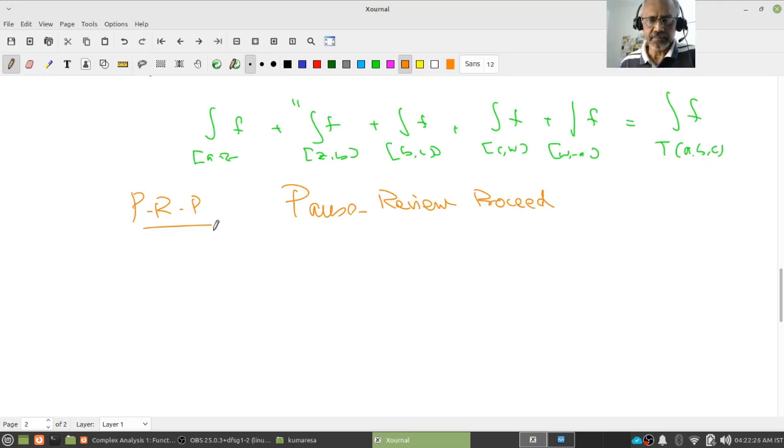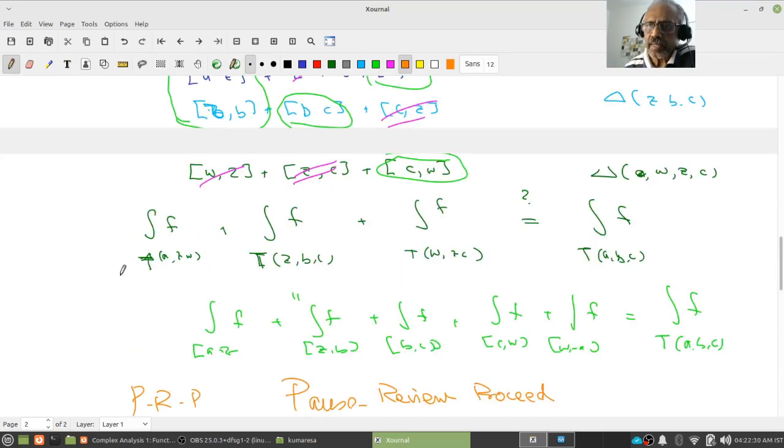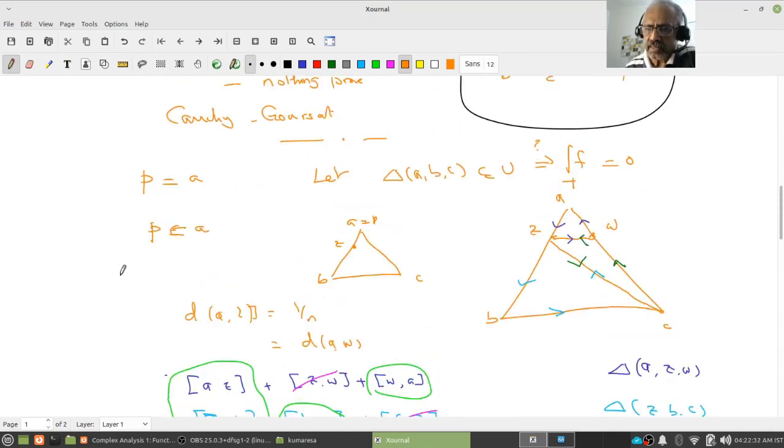Okay, now let's look at these two triangles. I am claiming that the integral of f over the triangle ZBC is 0. Why? Because I can apply Cauchy-Goursat.